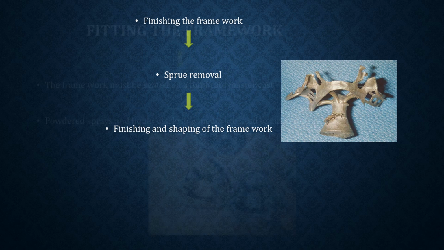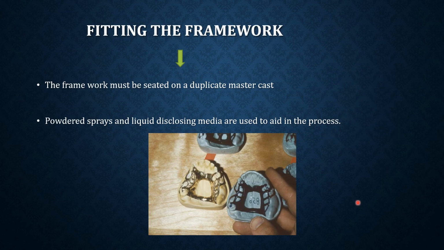After the lab person has seated it properly on the duplicate cast, he will see if any small adjustments have to be done. All the adjustments are done properly, and then it is fitted on the cast he has poured from the final impression you had sent.